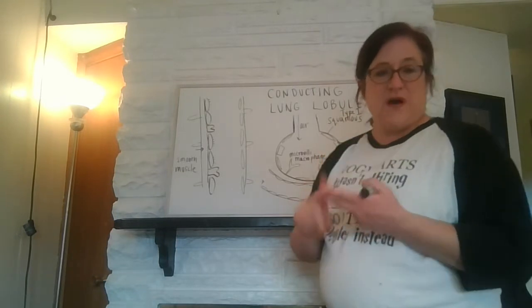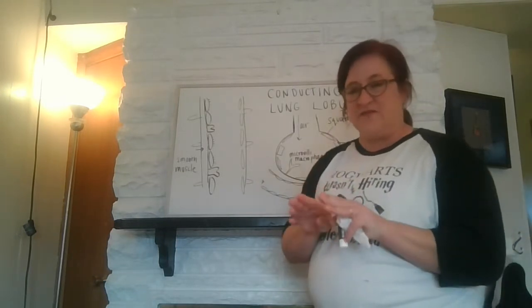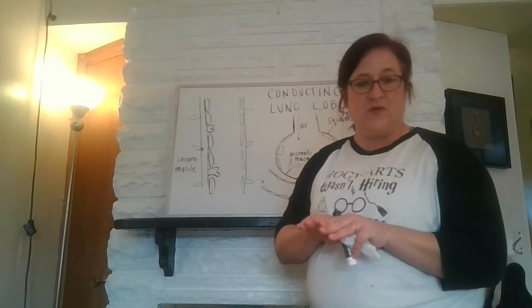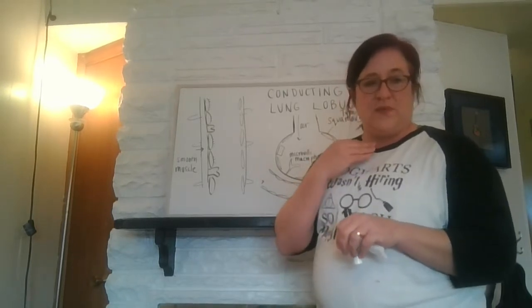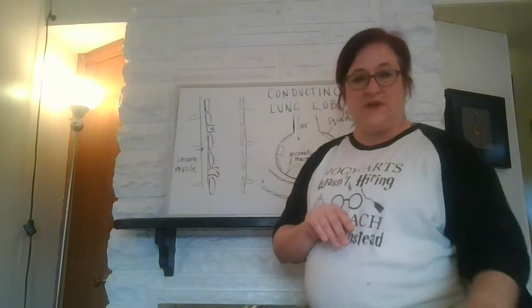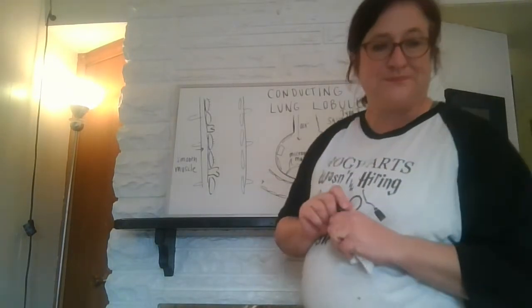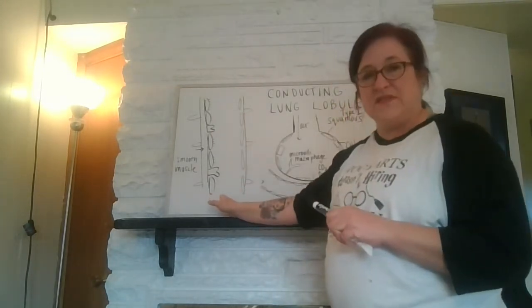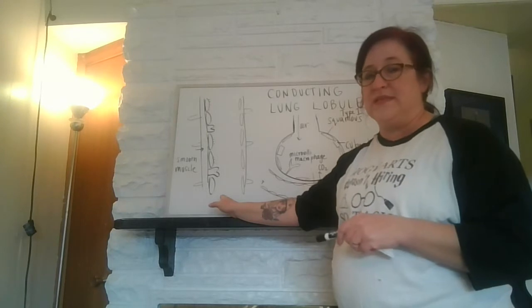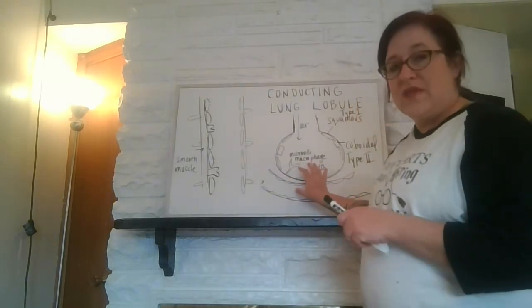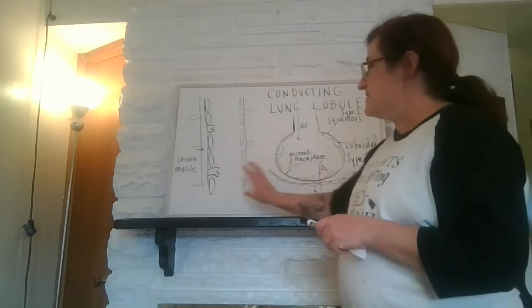Nasal passages, mouth, oral pharynx, larynx, which has the folds for talking, vestibular and vocal cords, the trachea, bronchi, bronchioles, getting smaller and smaller as we go down the tubes. This conduction system, these are conducting airways. The sole purpose is to get the air down to the respiratory lobule where the gas exchange takes place.